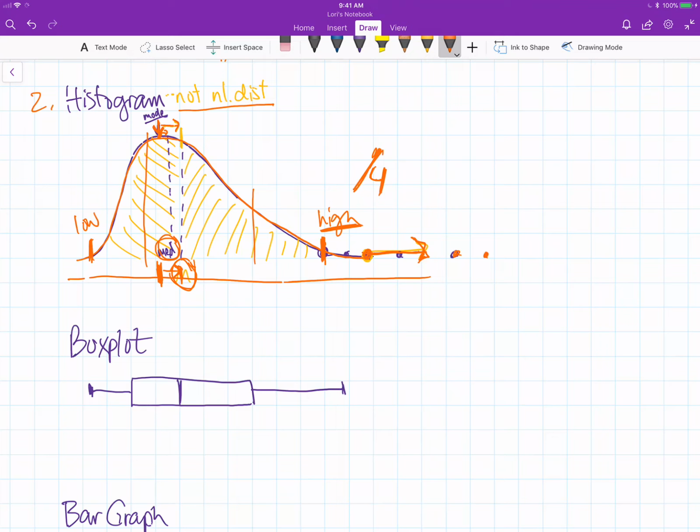So if here we have our box plot, and maybe down here on the bottom we have some kind of scale, and so forth. Literally, all you do is follow that number down and find the numbers that correspond with the features on that box plot.